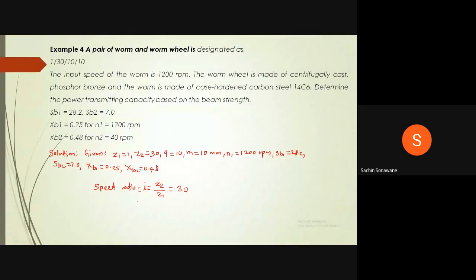Now we have to calculate N2. I is also equal to N1 upon N2. Therefore, N2 is equal to N1 divided by I, which is equal to 1200 divided by 30. Therefore, N2 is equal to 40 rpm.